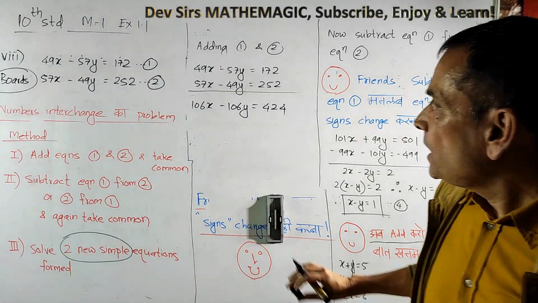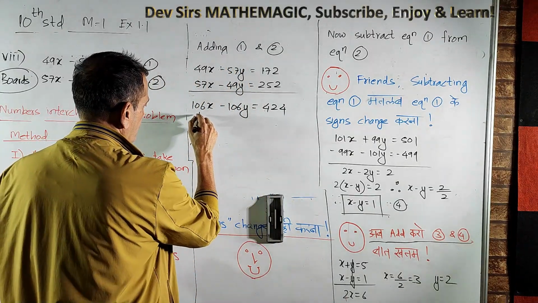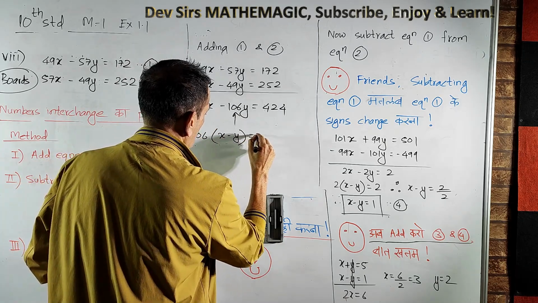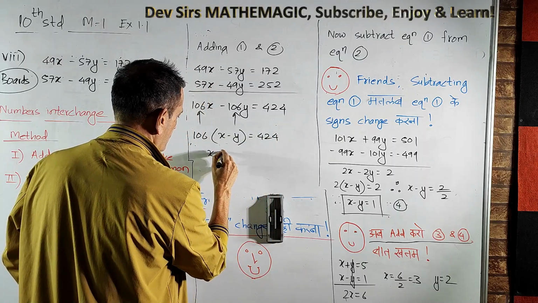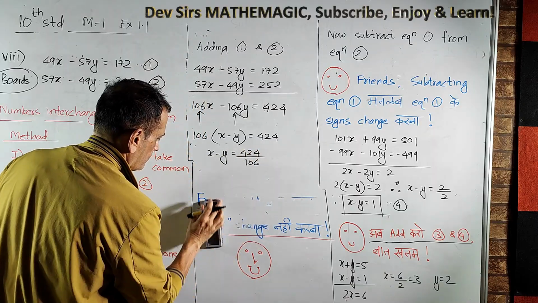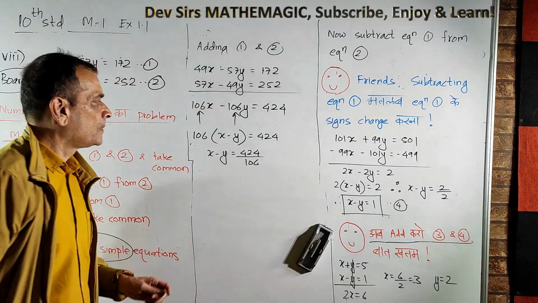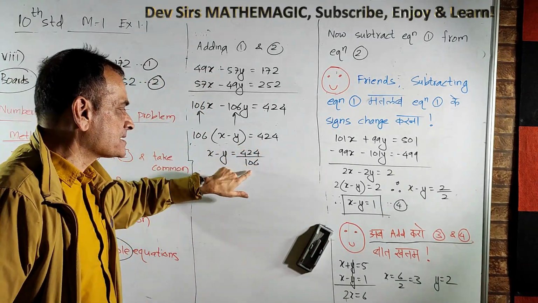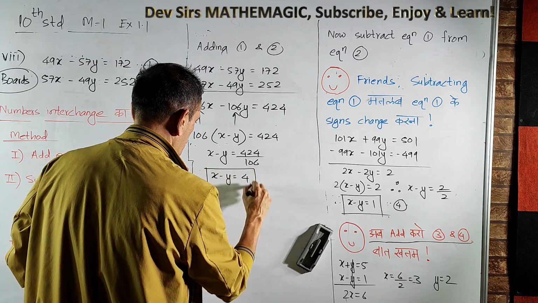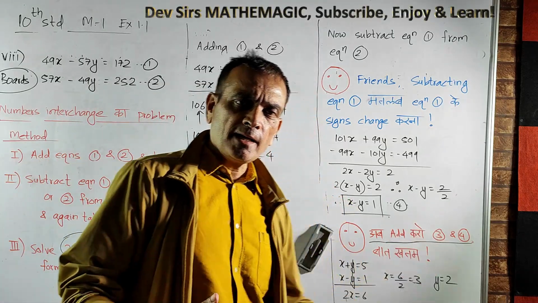Adding equations 1 and 2. Do not change the signs of both the equations. Take 106 common. After taking common, 424 upon 106. You can also reduce and check, or do the division directly for the 424.